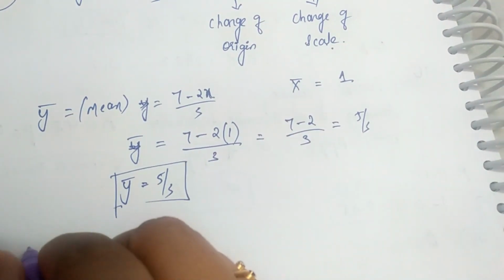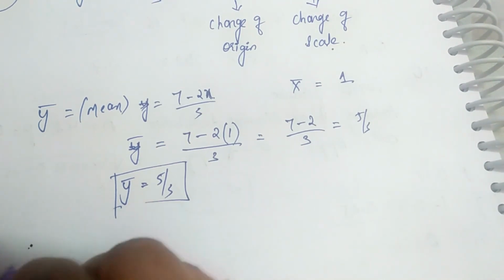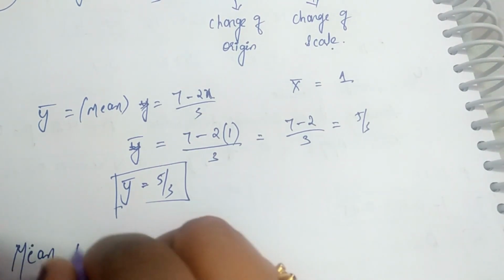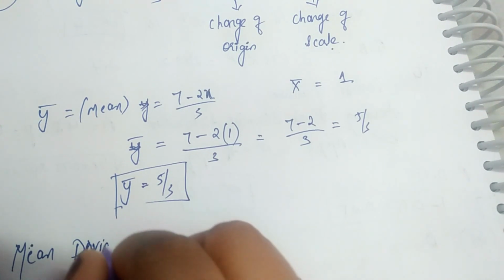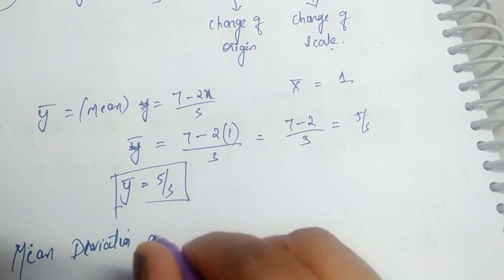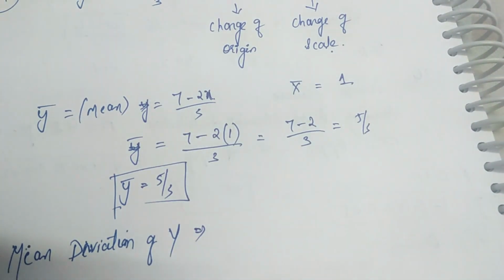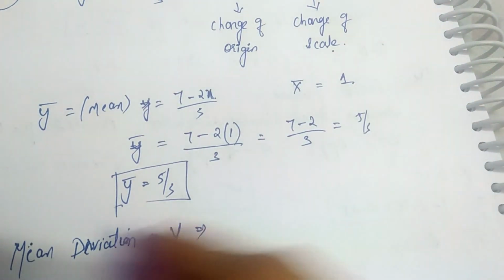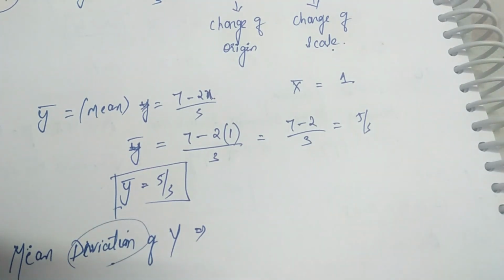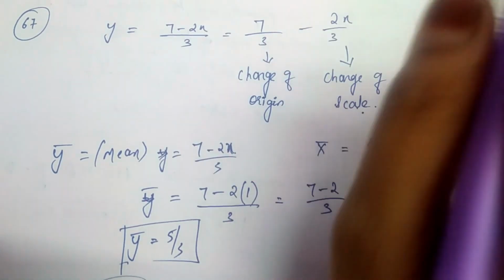Now we need to get the mean deviation of y. For the mean deviation, we take the change of scale with the positive value.